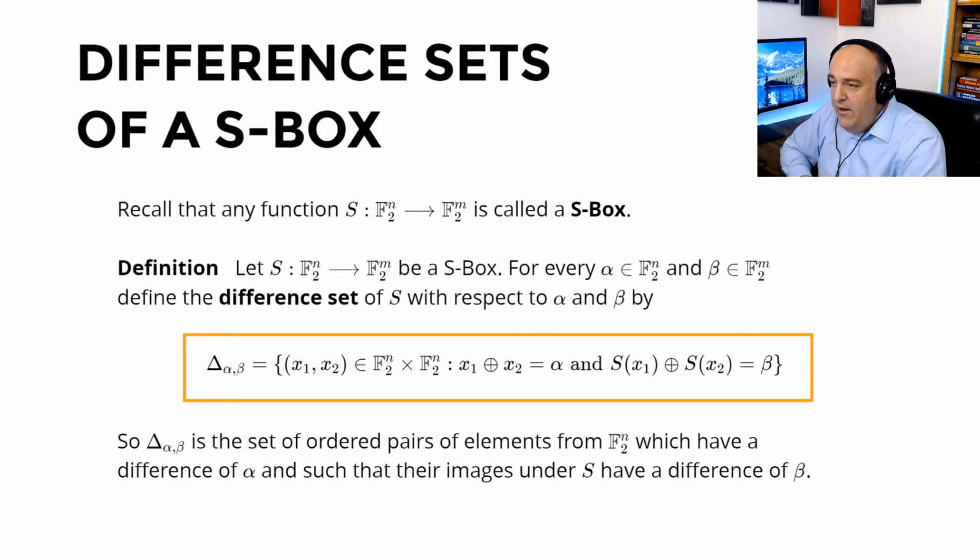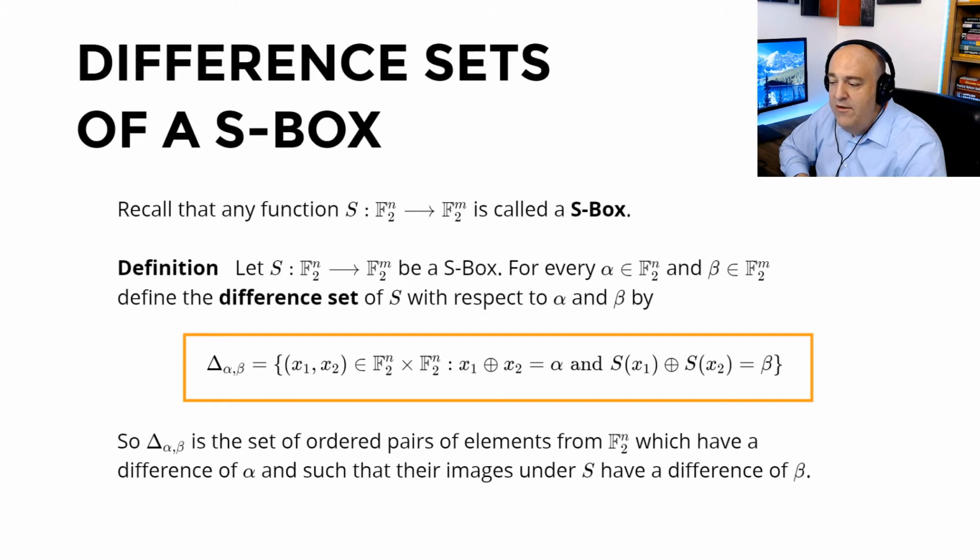All right, we're finally getting to our main topic here, the difference sets of an S-box. So let's just recall that any function S from F2^n to F2^m is called an S-box. As long as it's a function, we call it an S-box. Let's say we have an S-box from F2^n to F2^m, and we fix an element alpha in F2^n and an element beta in F2^m.